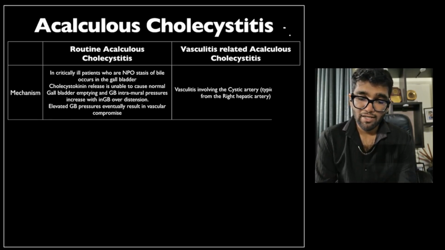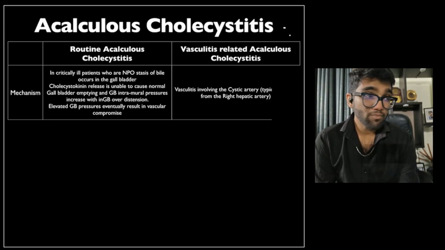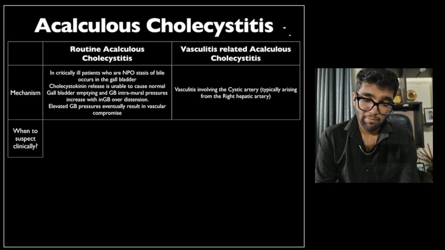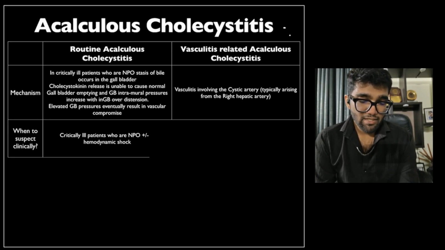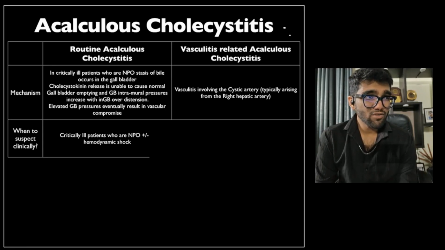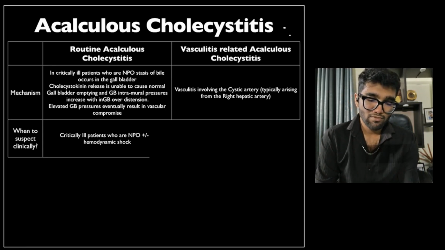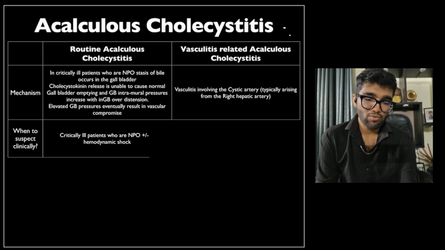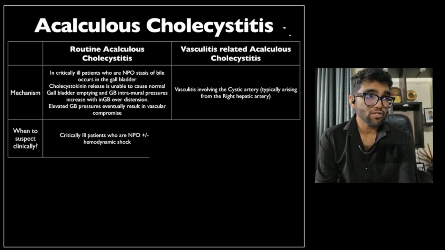Now, in case of vasculitis related acalculous cholecystitis, the vasculitis is involving a medium vessel, that is the cystic artery, which typically arises from the right hepatic artery. So, when do you suspect it clinically? Acalculous cholecystitis is suspected by the intensivist within the ICU in critically ill patients who are nil per oral, who may or may not be in hemodynamic shock, because shock would worsen gallbladder perfusion further.